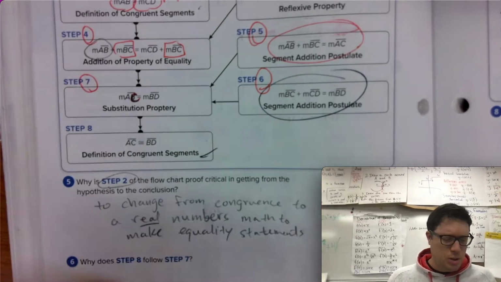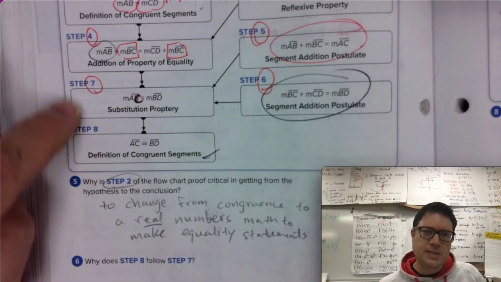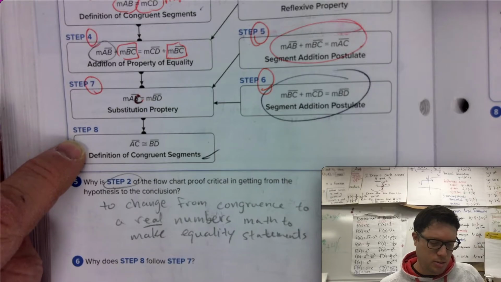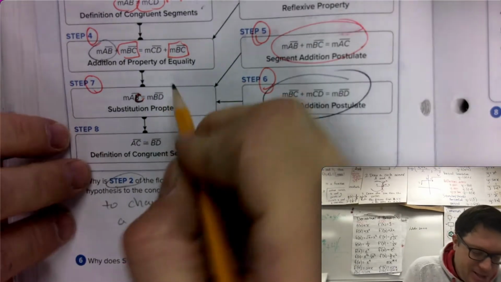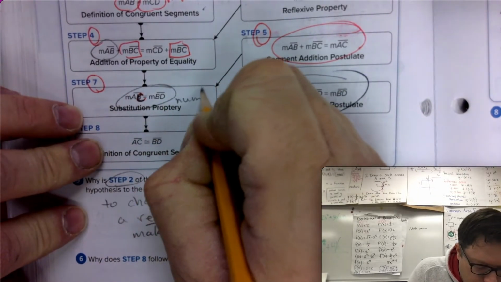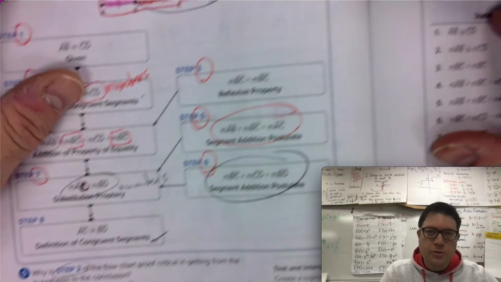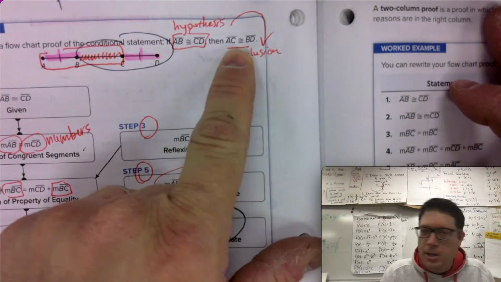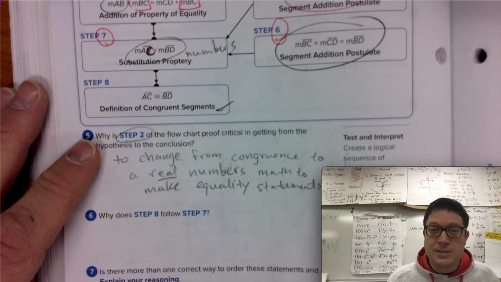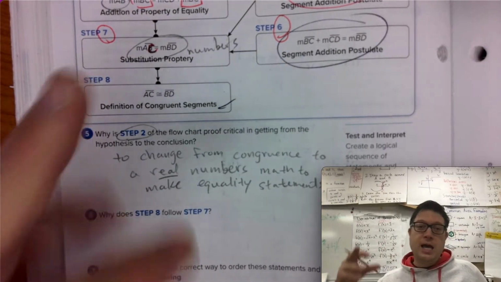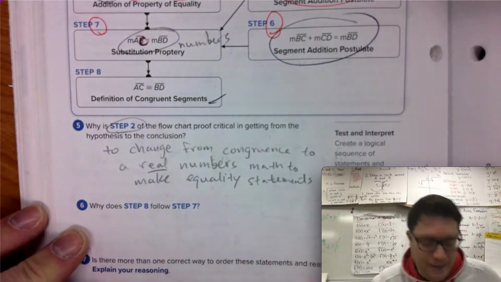Last one here. So then why does step 7 lead to step 8? Well, we're still in numbers land. But the proof, the conclusion, all the way back up here isn't numbers, it's about shape. So we need step 7 first and then step 8 to change back. All right?